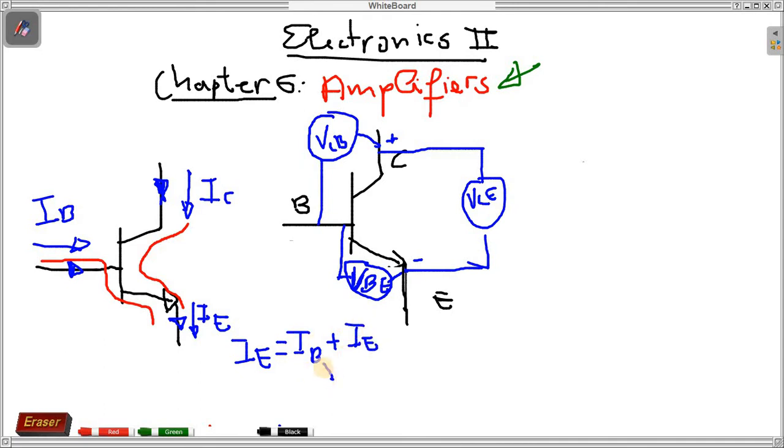But the value of IB will be very small compared to the value of IC. So IE will be approximately equal to IC.